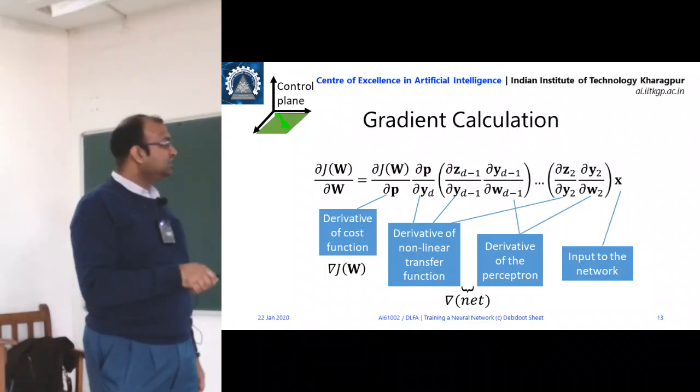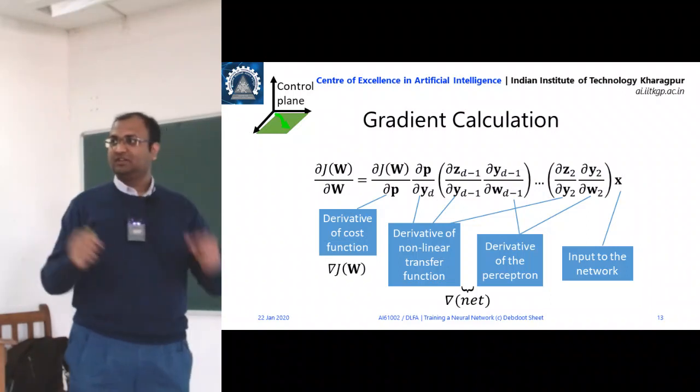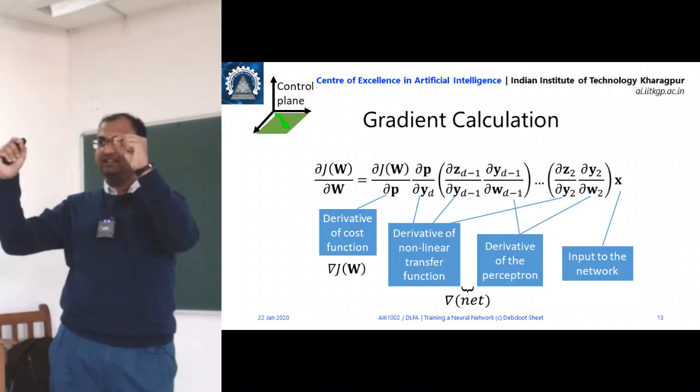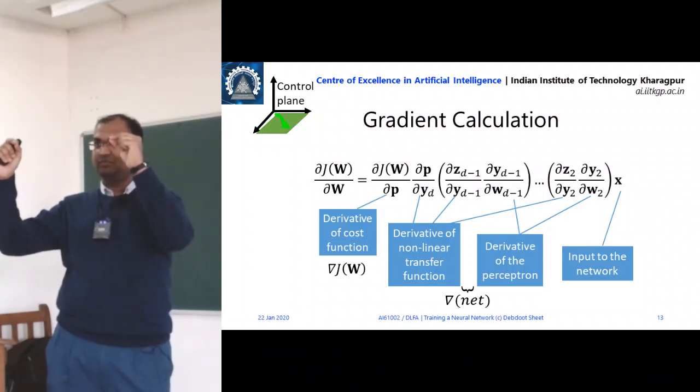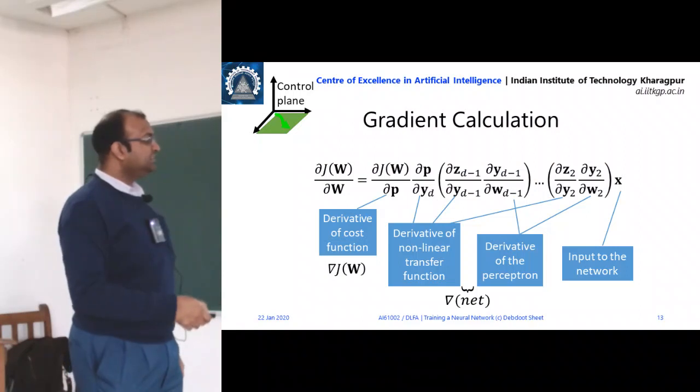Okay, then you will have a lot of these which are essentially derivatives of nonlinearities. Wherever you see del y of p, then del z of y, these kind of things coming down, that is basically my derivative of nonlinearity, because what relates my y to z is essentially the nonlinearity and nothing more.